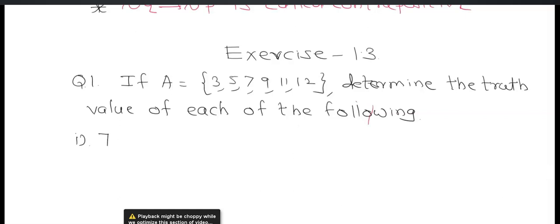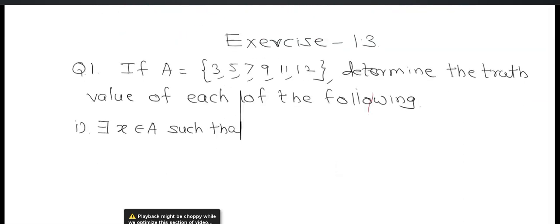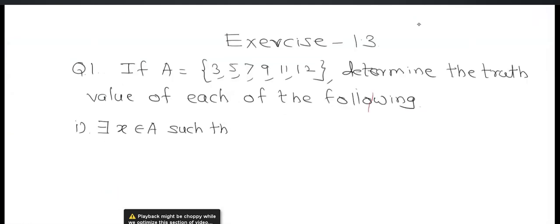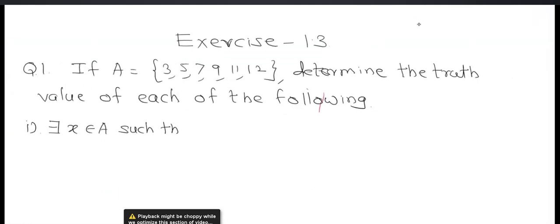Now the first: there exists x belongs to A such that x minus 8 is equal to 1.